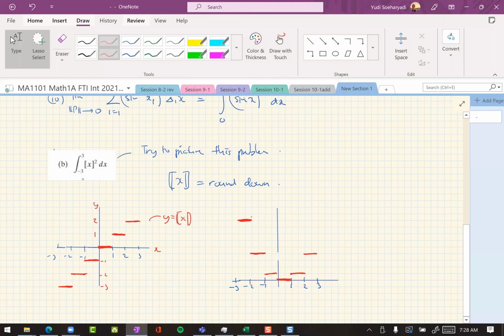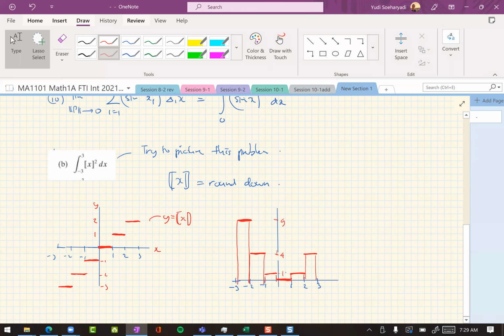So when you integrate, what we are looking at is actually this area here. That's easy. This is 9. This is 4. This is 1.